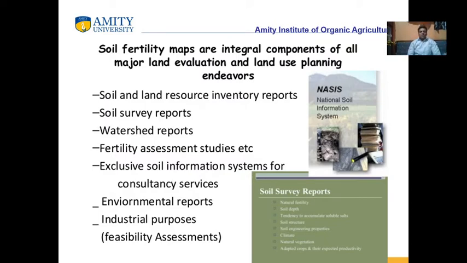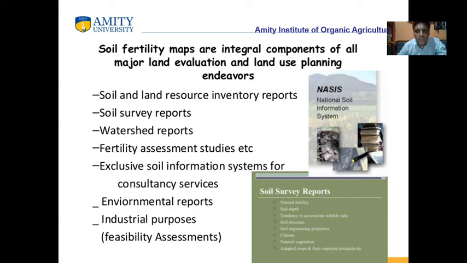In soil fertility maps, we study different organizations, like there is National Soil Information System, that is the part of United States Department of Agriculture, United States of America.